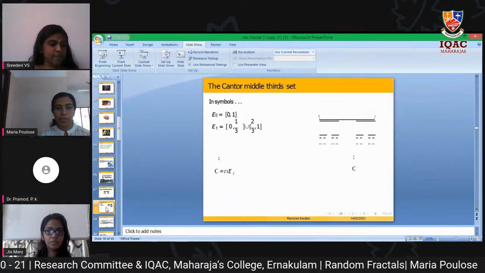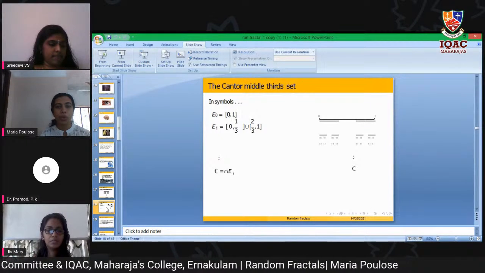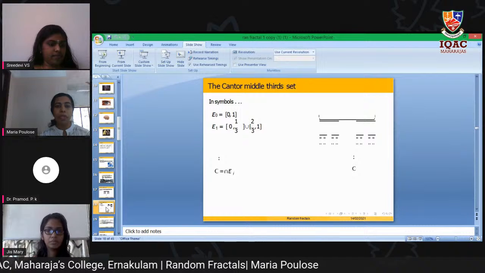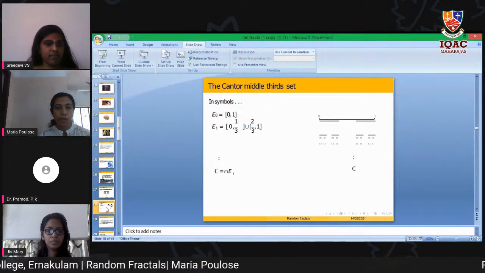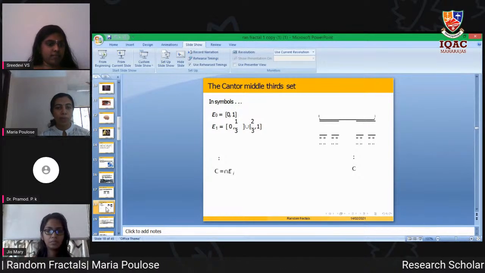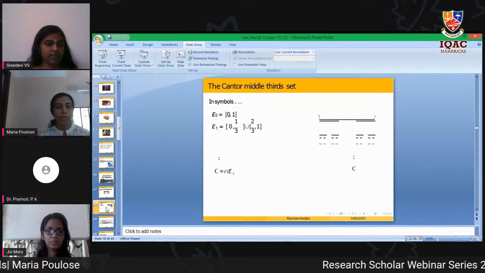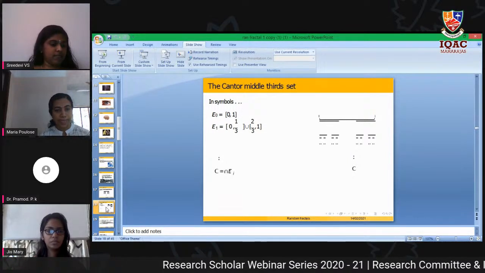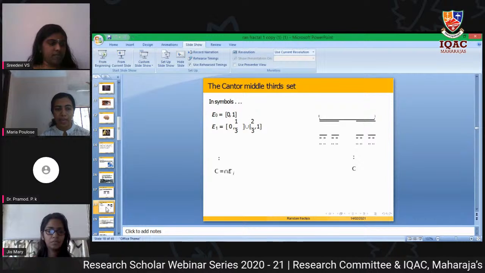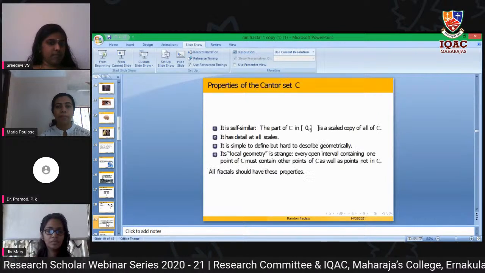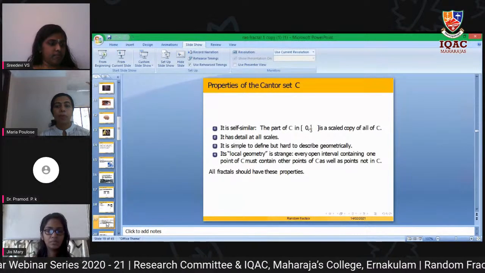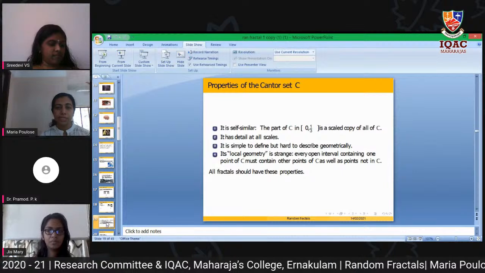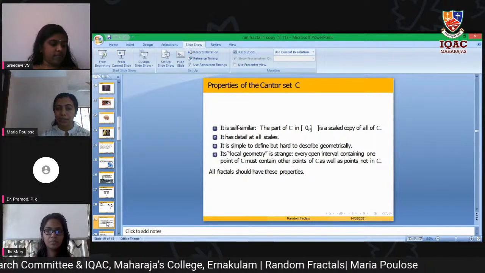So in simple terms, E0 equals closed interval 0, 1, E1 equals closed interval 0, 1/3 union 2/3, 1, and C equals the intersection of all En. Properties of the Cantor set C. So it is self-similar.